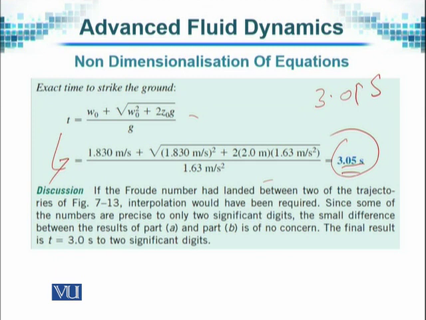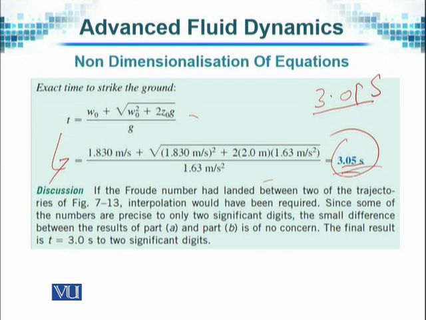If the Froude number had landed between two of the trajectories given in the diagram, interpolation would have been needed. Since some of the numbers are precise to only two significant digits, the small difference between 3.01 seconds, the estimated time, and 3.05, the calculated time, is really negligible, and therefore it does not affect the result.